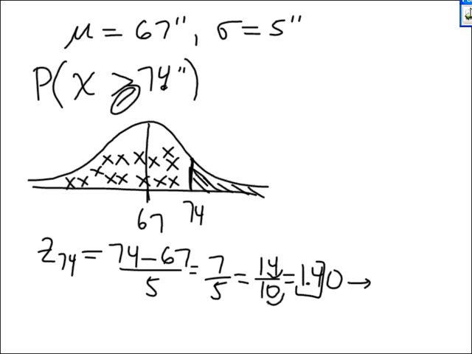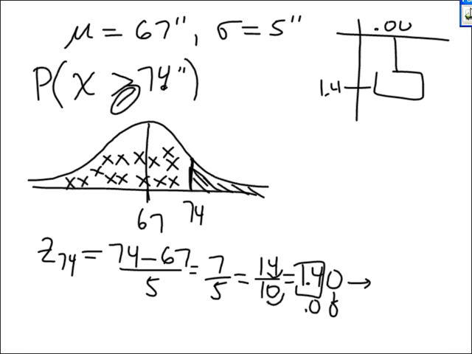So I look up 1.4, and then I look at the top, 0.00. I go to 1.4 in the left column, and in the top column I look under 0.00, and right there will be the number. 1.40 is 0.9192.